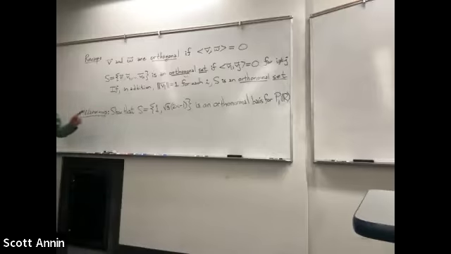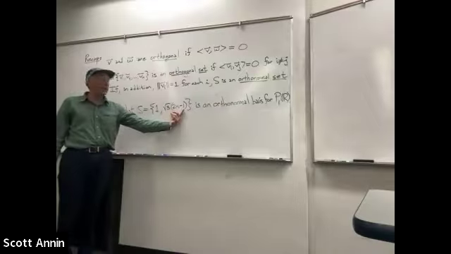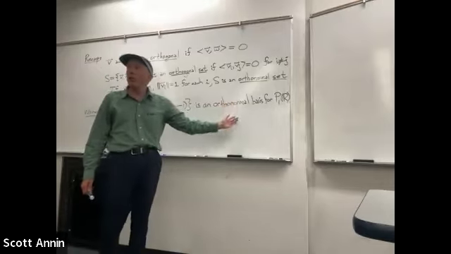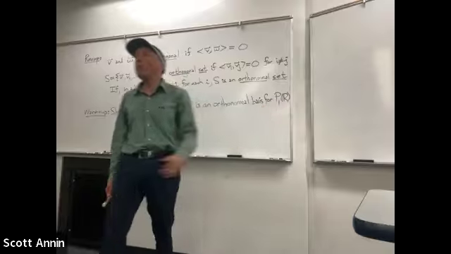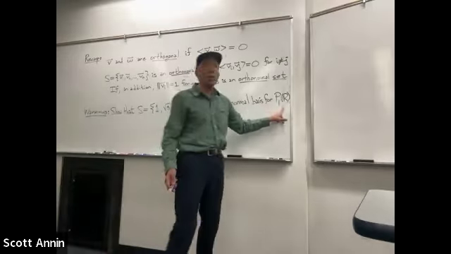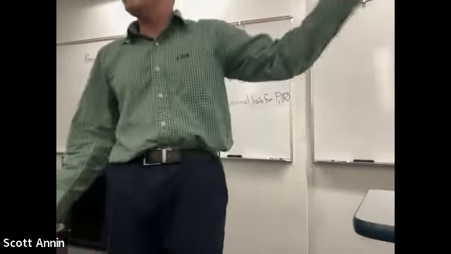The warm-up problem here is I would like to show that this set, which has 1 and the square root of 3 times the quantity 2x minus 1, is an orthonormal basis for P1 of R. So the universe that I'm working in is polynomials. These are polynomials of degree 1 or less.